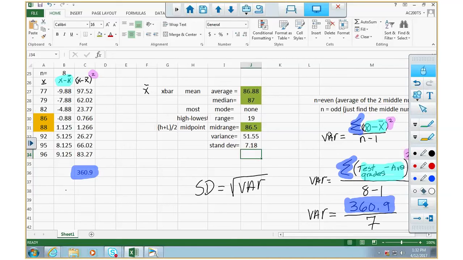Now, I'm going to tell you what these things are. As soon as y'all get through writing, I'm going to show you and tell you what all these things are, because I think it's important. I ask people what the average is when they're coming out of high school and they tell me it's numbers divided by the total, but they don't tell me what it is.